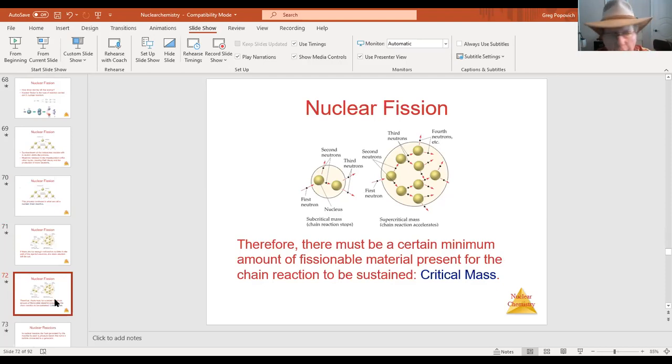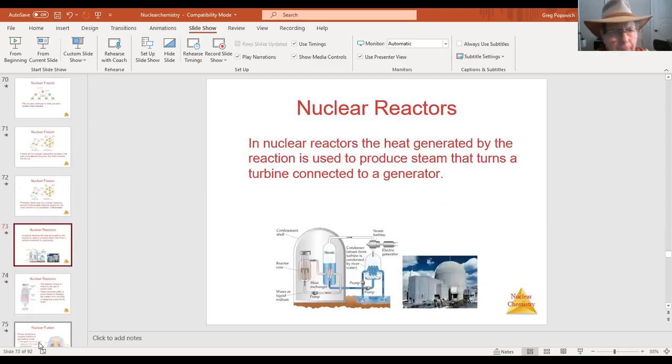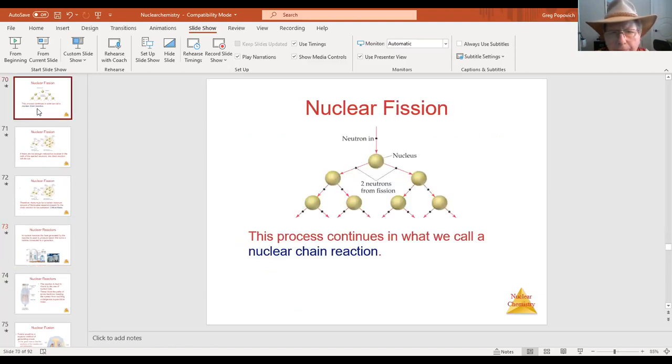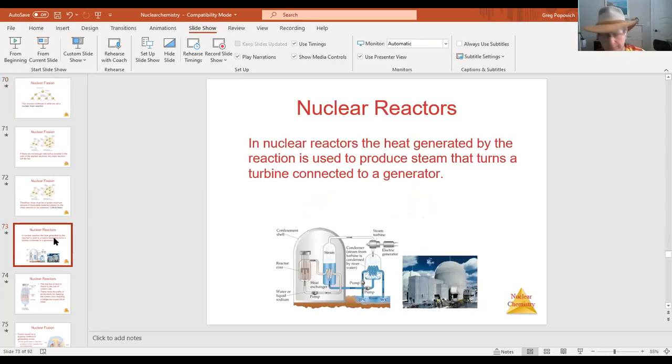That is called the critical mass. And by the way, when I'm creating more neutrons in the daughter ions and more in the granddaughter ions, that is called a nuclear chain reaction. Now, what happens in a reactor?